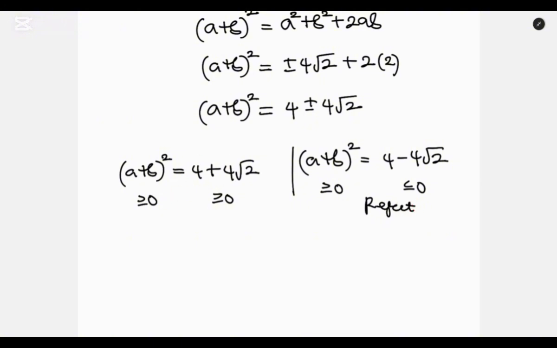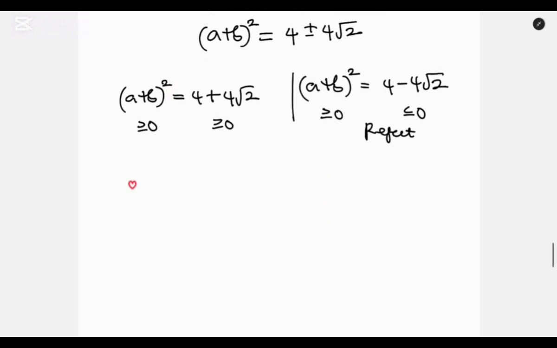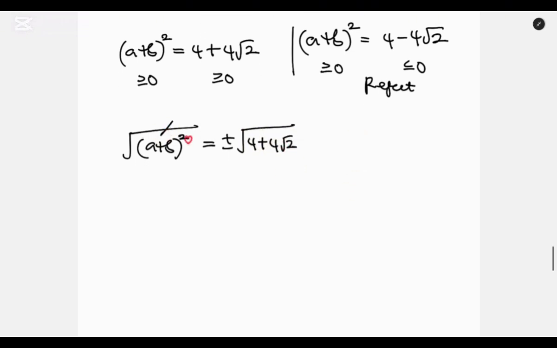Very good. Now, to get rid of this square, we have to take the square root of both sides. So I'll take the square root of (a plus b) all squared. This is equal to plus or minus the square root of 4 plus 4 root 2. Good. Now notice that this square root cancels out the square, leaving behind a plus b to be equal to plus or minus the square root of. Now notice that 4 is common, so we can factor out 4, open bracket.